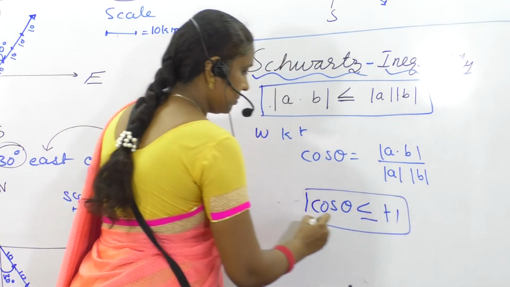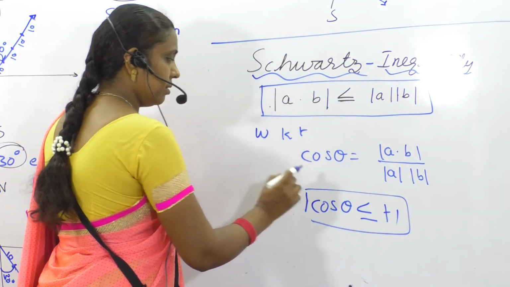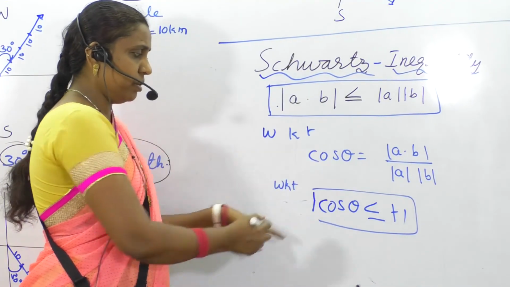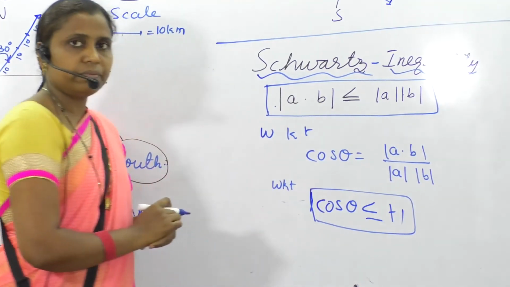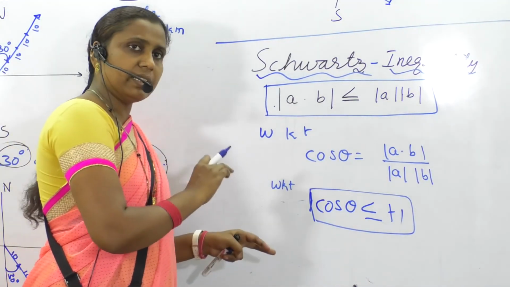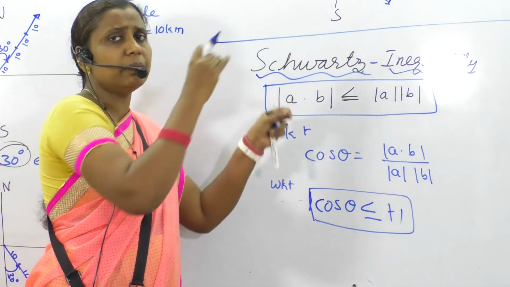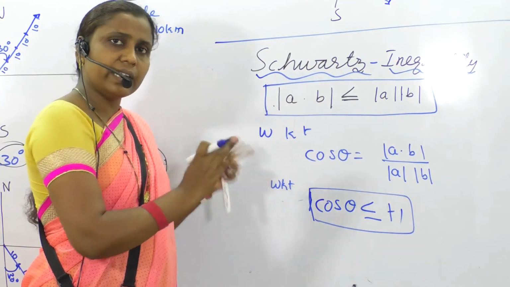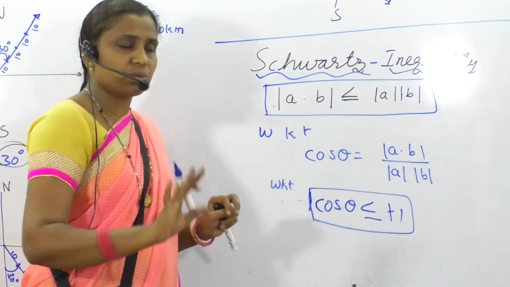We know this. Again we know that. Okay, this is one piece of information. This is one more piece of information of the trigonometric ratios. So cos theta always takes maximum plus 1, minimum minus 1. It lies in the range minus 1 to plus 1.